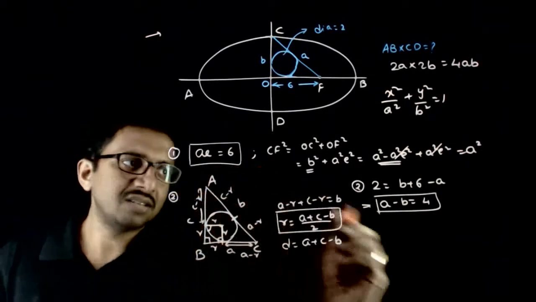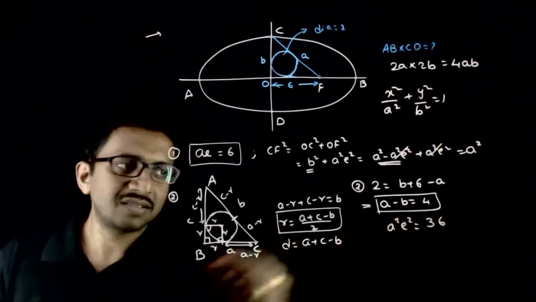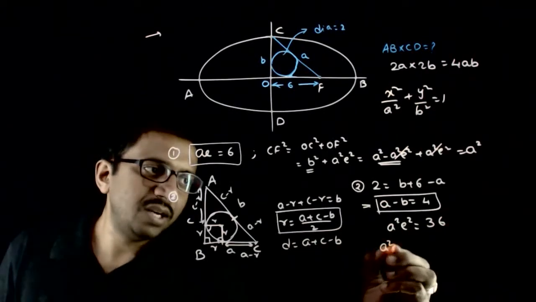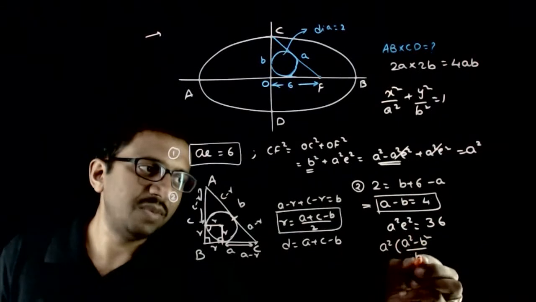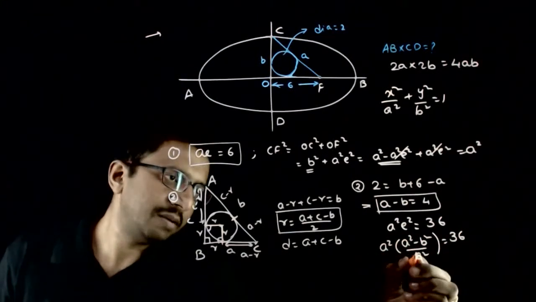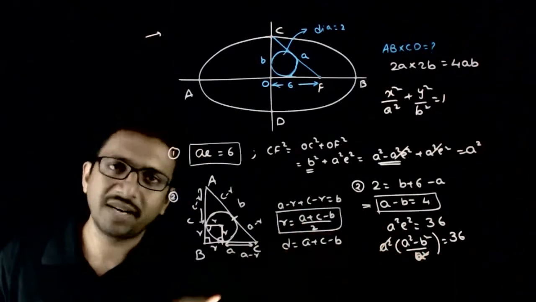So AE is 6. So A square E square is equal to 36. So A square into E square is nothing but A square minus B square by A square, and that is equal to 36. This A square and A square get cancelled.